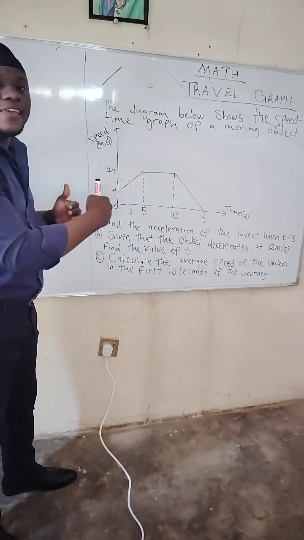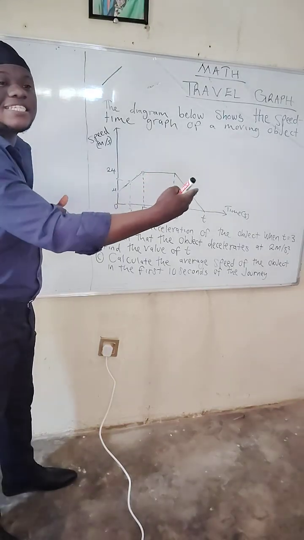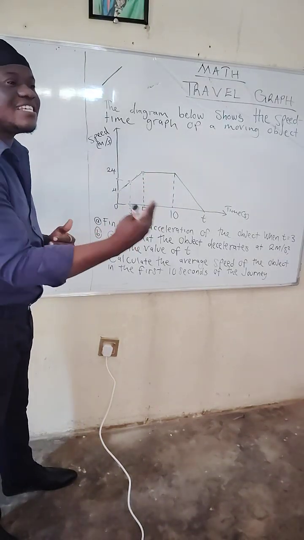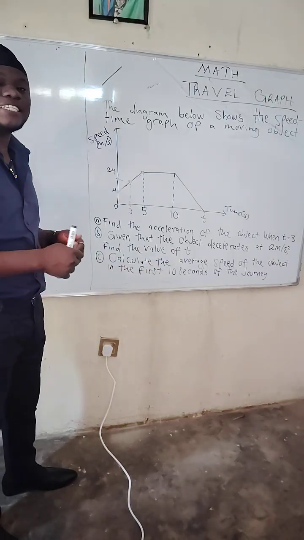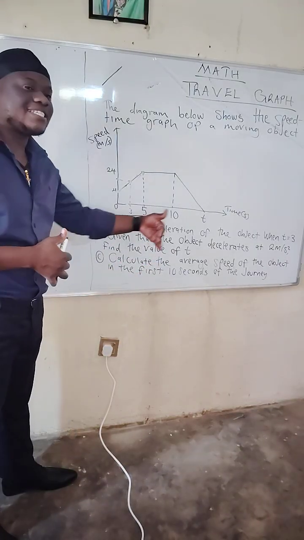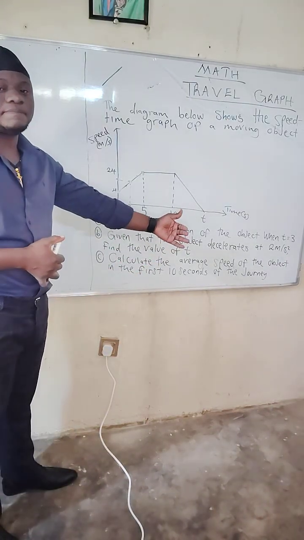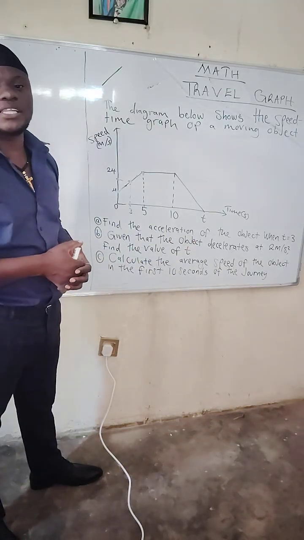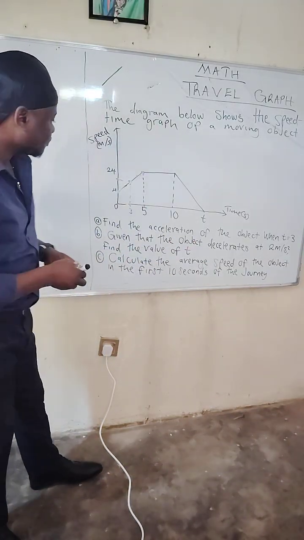Acceleration is the increase of velocity with respect to time, meaning deceleration is the decrease of velocity with respect to time. At times they can also use the word retardation.